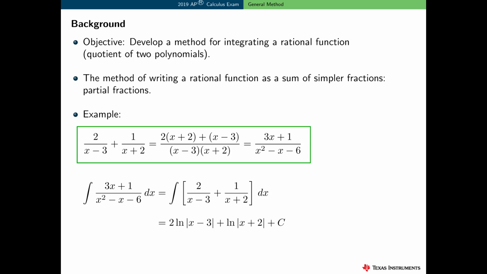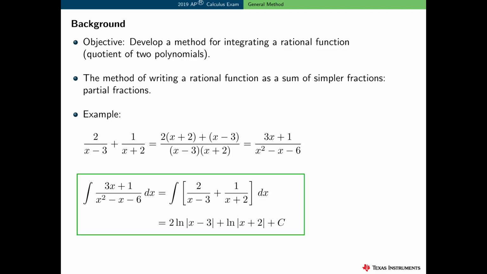To illustrate this method of finding simpler fractions to integrate, first, consider adding 2 fractions by finding a common denominator. Here, I added 2 over x minus 3 and 1 over x plus 2. I found a common denominator, and I ended up with this rational expression.